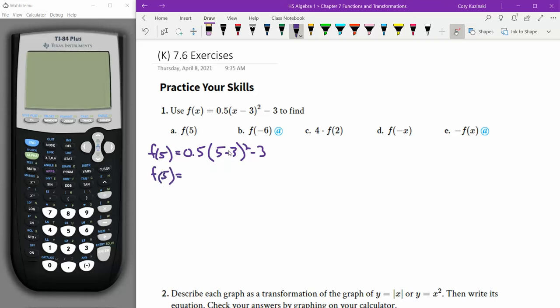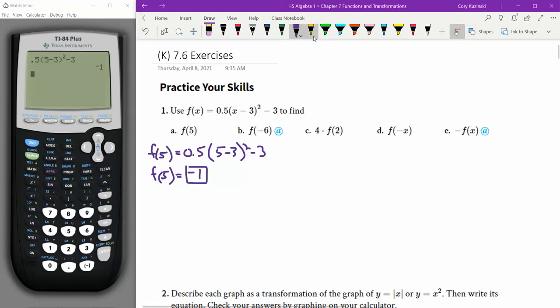Well, 5 minus 3 is 2, 2 squared is 4, half of 4 is 2, 2 minus 3 is negative 1, and we can always just use the calculator like so. Second plus, 2.5 times 5 minus 3 squared minus 3. Yeah, negative 1. All right, so that's negative 1.